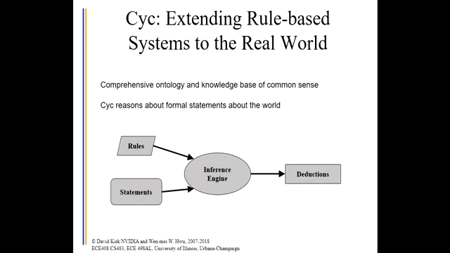So the idea is that if we spend enough time building all these considerations that we make as humans into the computer, ultimately the computer will be able to think the way we do. So we have these rules, and then we feed statements into this inference engine, and then we come up with some kind of conclusion, and some of the conclusions hopefully will answer our questions.